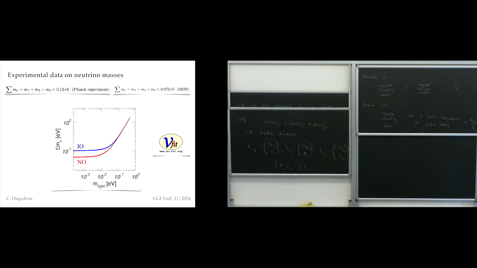But no one would claim nowadays that this measurement excludes inverted ordering. That's one thing that cosmologists take as a benchmark goal, right? Other questions?